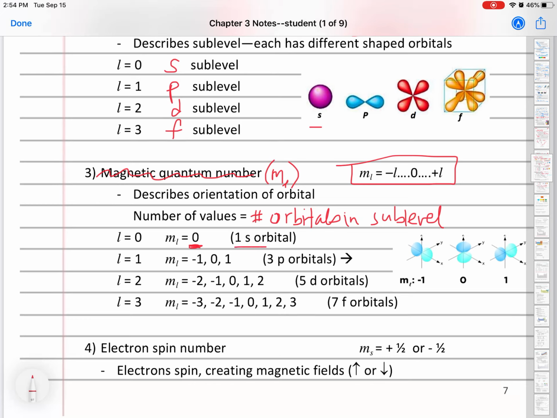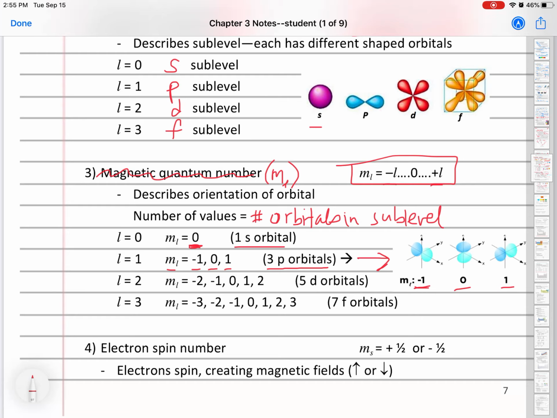So the s sublevel has 1 orbital. l of 1 can have m sub l values from negative 1 to positive 1, negative l to positive l. So it has negative 1, 0, and 1. That's 3 different values representing 3 different orbitals in the p sublevel, and they are pictured here. They have a funky dumbbell sort of shape. And they're the same shape, but they're in 3 different planes. So we call them the 3 orbitals, -1, 0, and 1.